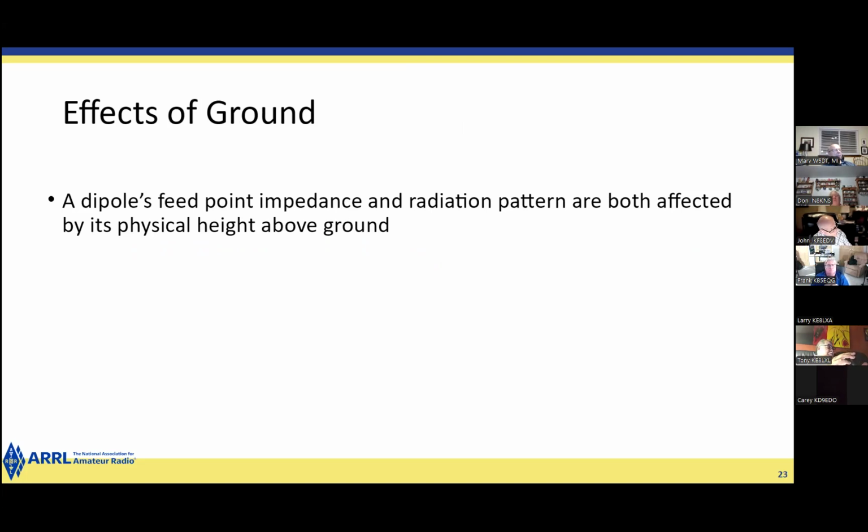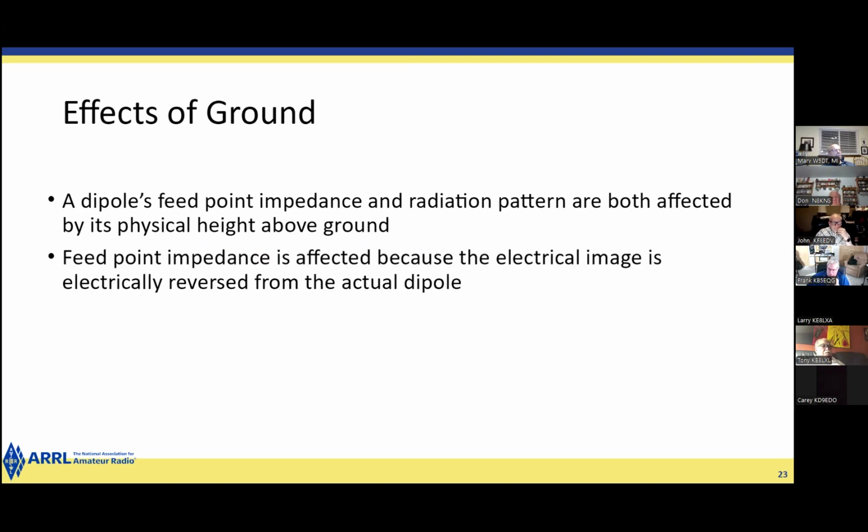The dipole's feed point impedance and radiation pattern are both affected by its physical height above ground. The feed point impedance is affected because the electrical image is electrically reversed from the actual dipole.